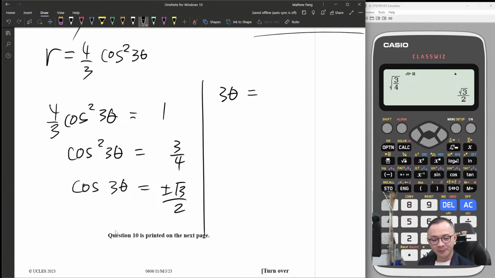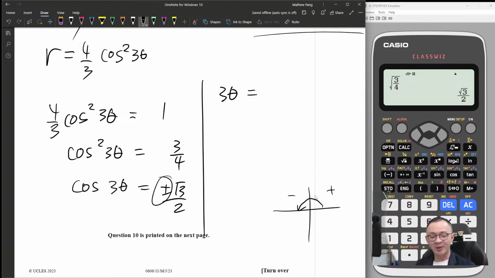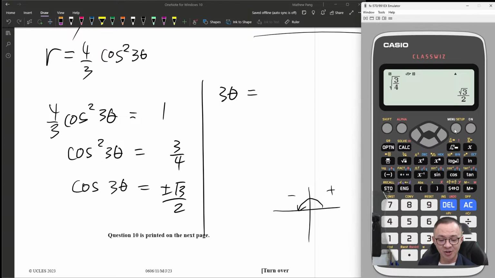Alright, so I want to find any angle from 0 to π. So cos 0 to π, 0 to π is 2 quadrants, right? First one cos positive, second one cos negative. But here we have plus minus, so we will take the angle in the first quadrant and second quadrant. Change the calculator to radian since I want the radian angle.